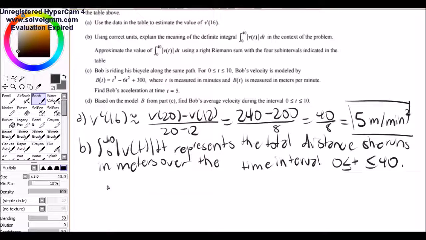In order to approximate this, we break it up into rectangles using the right-hand values.